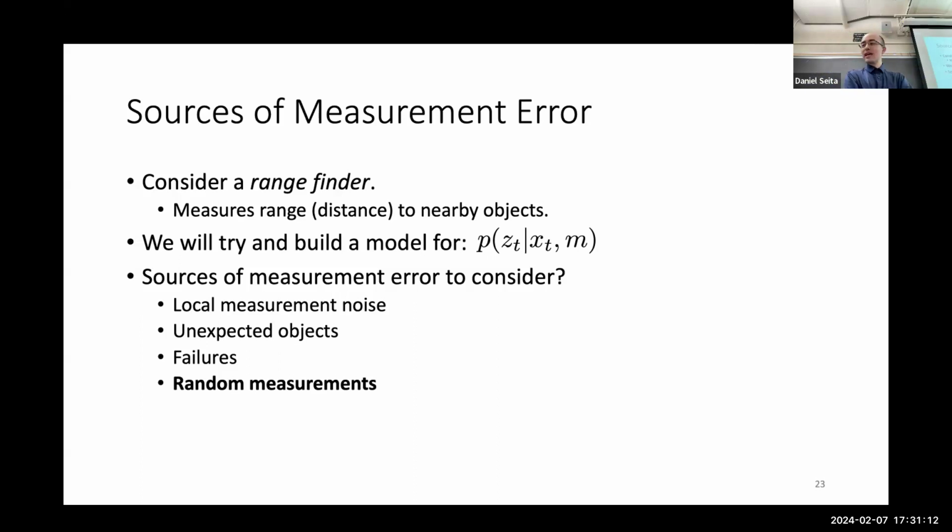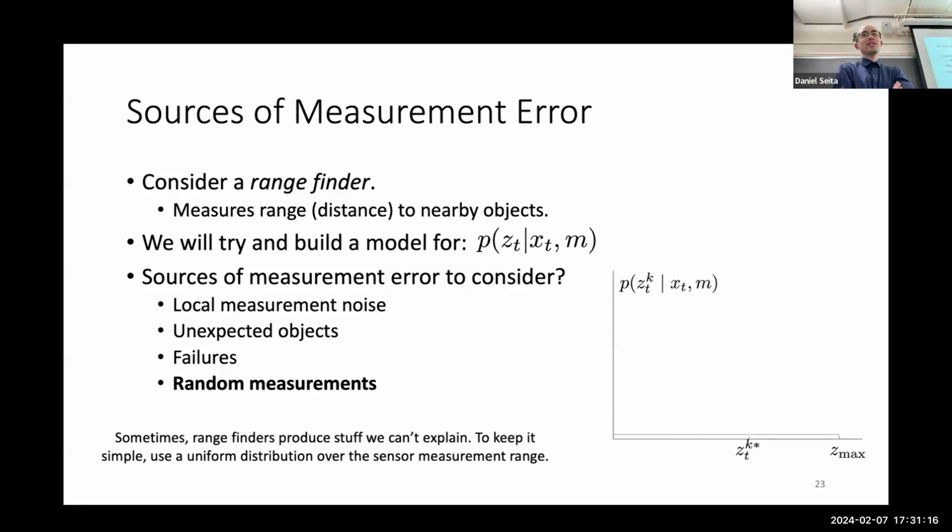Someone said uniform distribution. That seemed like a reasonable assumption. Sometimes rangefinders produce stuff that we can't explain, so to keep it simple, just use a uniform distribution over the measurement range.